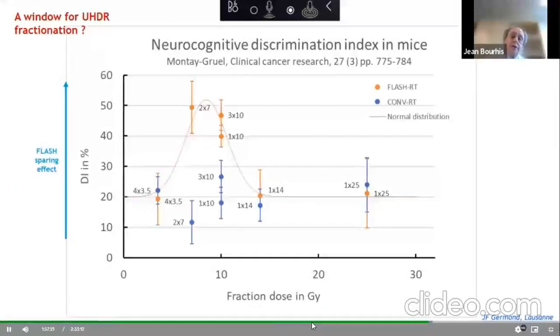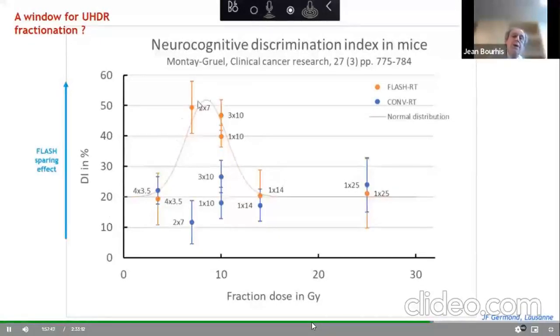Here, it's a diagram, a graph, which is derived from Pierre Montegruel, regarding the neurocognition in mice after 10 gray total brain irradiation.